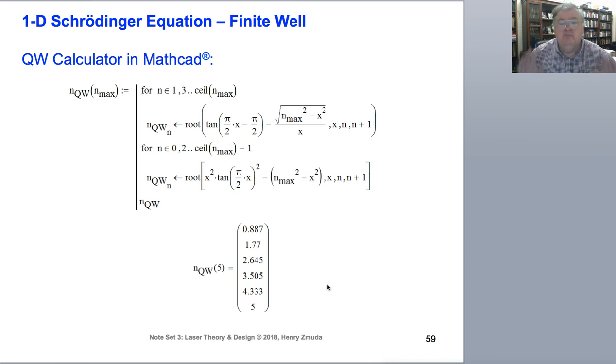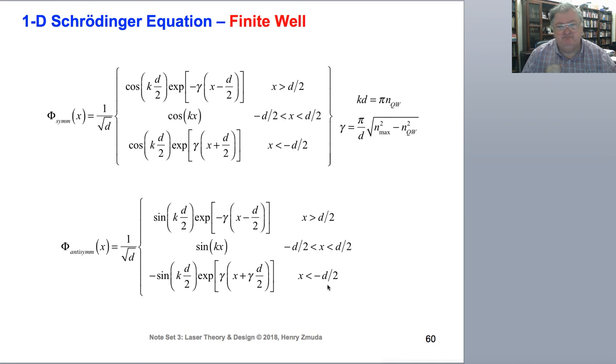Listen to me carefully. It would be well worth your while to write this little code for yourself. You probably like MATLAB. That's fine. And keep it, have it handy to use, because as we move on and start to design lasers, we're going to need to know energy levels in the well, and this is where you get that from. Okay, this is where you get those energy levels.